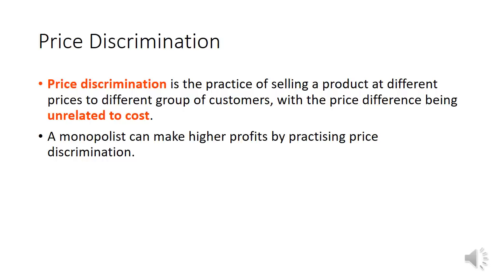Now, this takes place quite commonly in the market because not just the monopoly is able to price discriminate. Any firm with significant market share or power is able to price discriminate, including the oligopoly sellers that we'll talk about in the next market structure. So this is not something that's uncommon. For the firm that you're doing for your project, go and think about whether they are doing this.